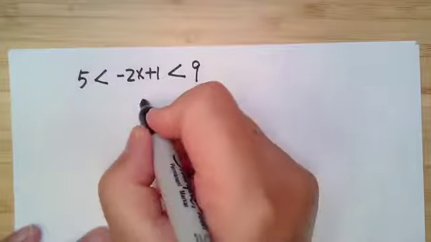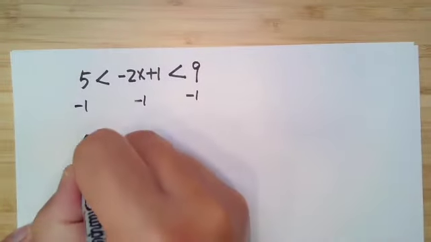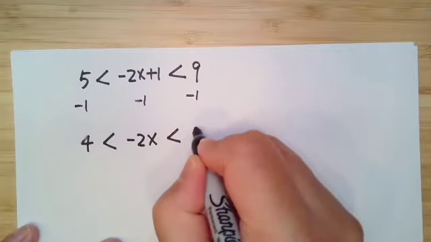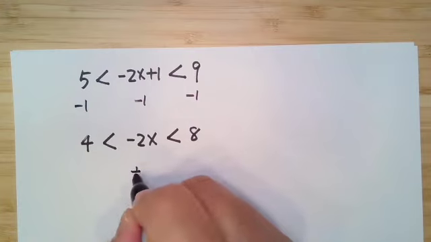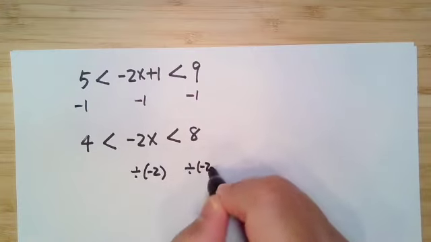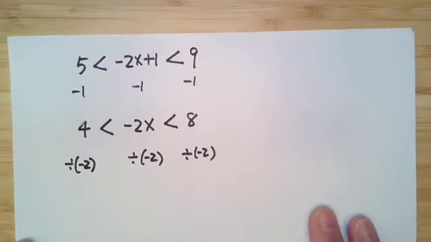Well, of course, you're going to minus 1 first, just like what we did earlier. So you have 4 is less than negative 2x is less than 8. Next, you need to divide by negative 2, and the same thing, divide by negative 2 everywhere. Since you are dividing by a negative number, you're going to change the signs.